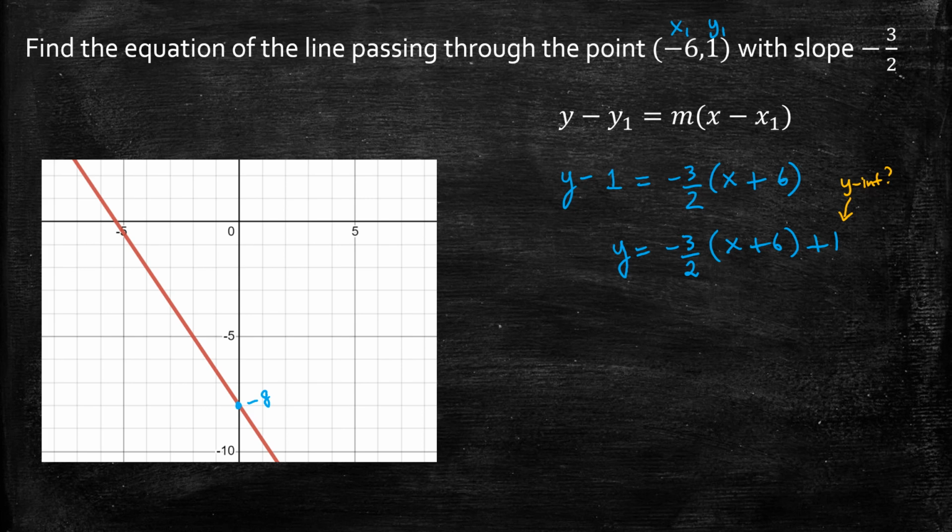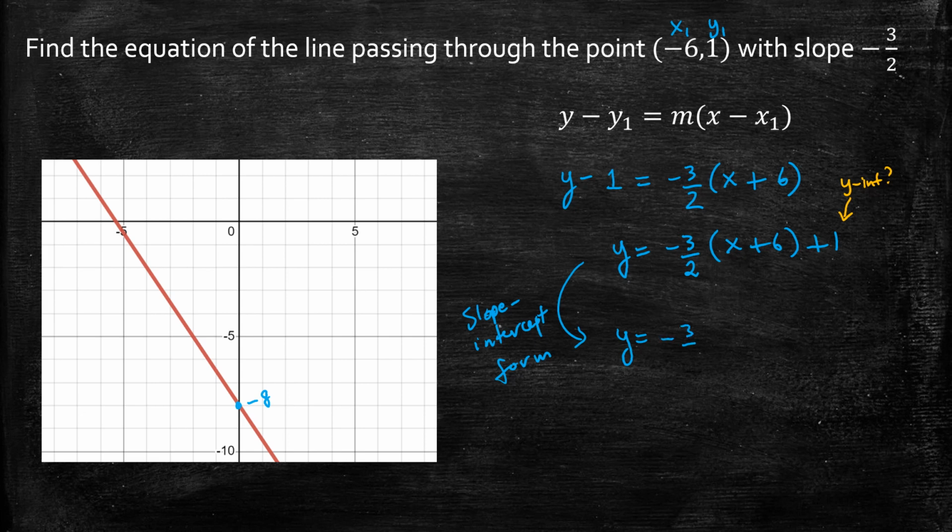So to do that, to actually convert it into slope-intercept form, all you need to do is solve for y and simplify. Well, y is already isolated, so what we really have to do is just distribute -3/2.